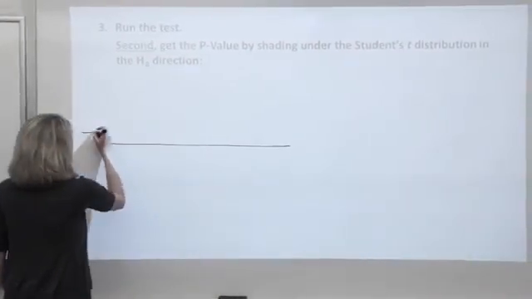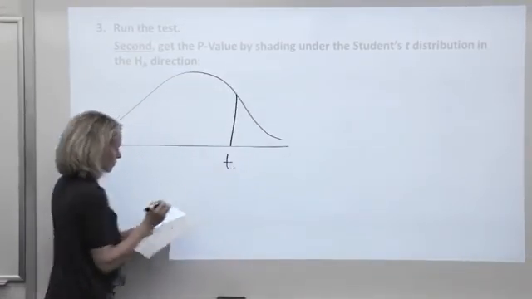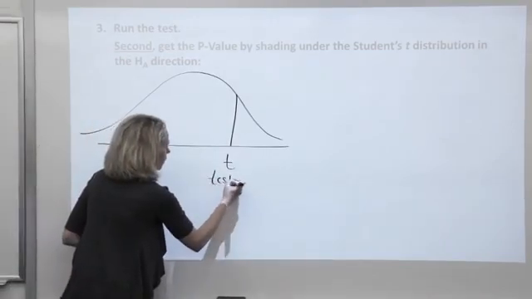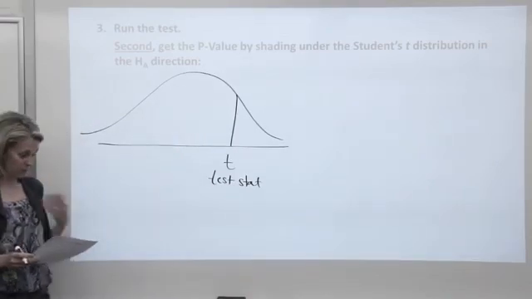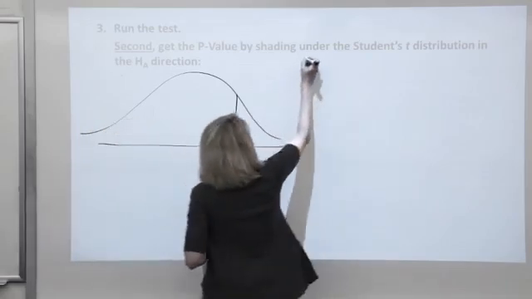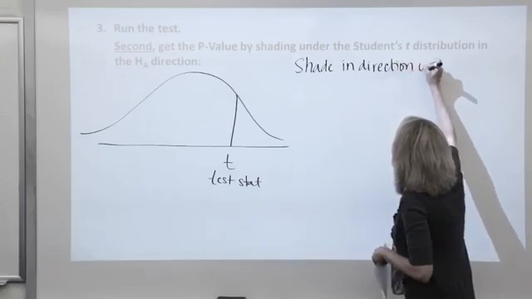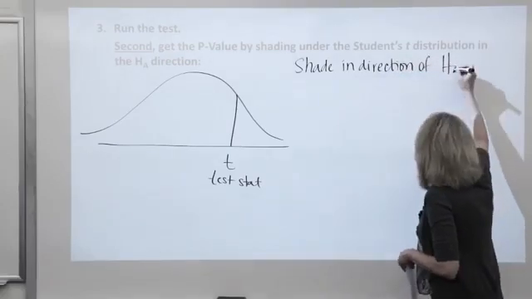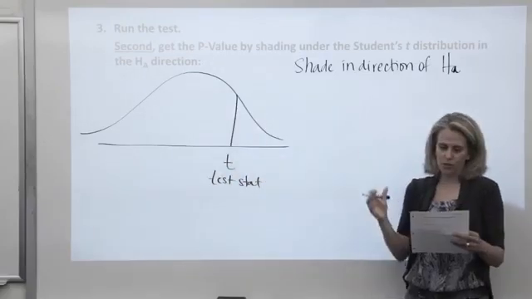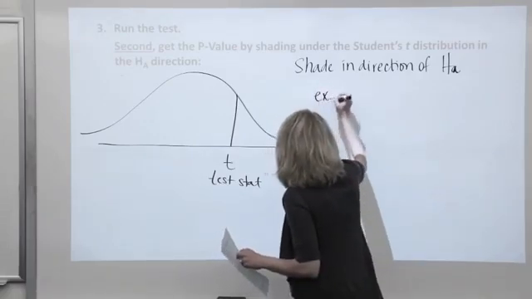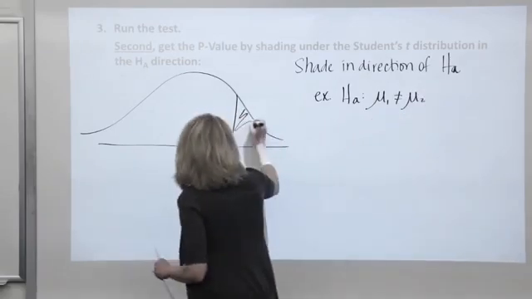Always helpful to draw yourself a picture. Remember, when you get your test statistic, t, wherever that might be, let's say it's over here, you're going to shade in the direction of your alternative hypothesis, HA. So if this had been a greater than test, we'd shade here. Let's just say, for example, that we're looking at a two-tailed test. We would shade here.